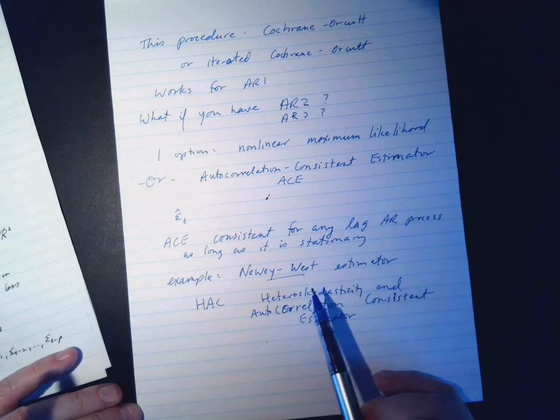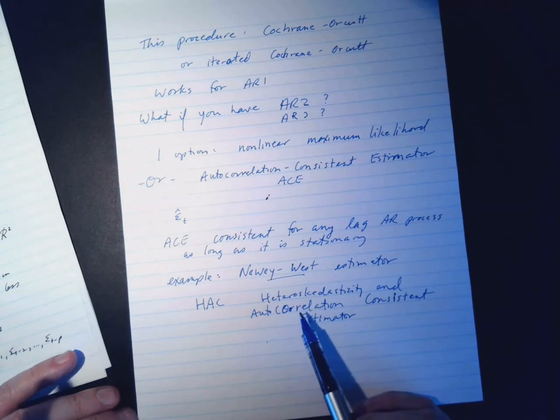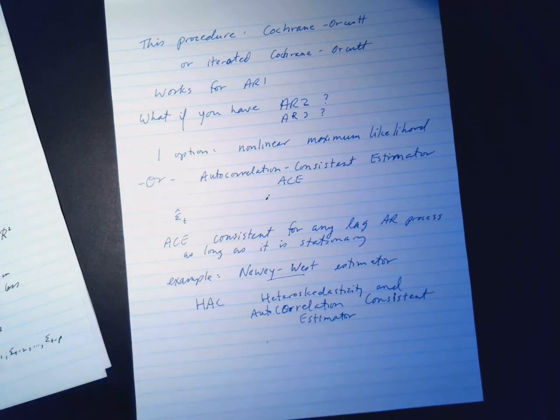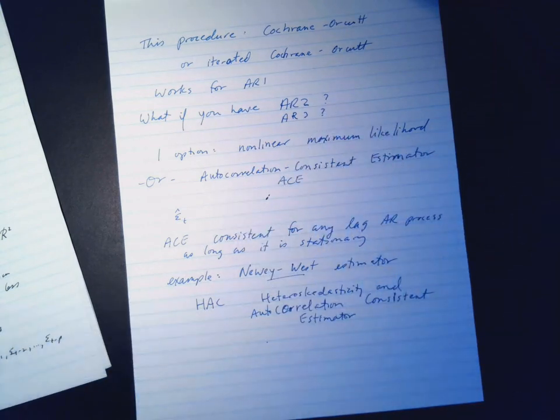Newey-West is consistent, but it may not be as efficient as the GLS estimator. The only problem is it's very hard to know if you've got the correct GLS estimator. And if you have a big long time series data set, you can't just assume it's AR1. You might have a very complex long-term autocorrelation process.